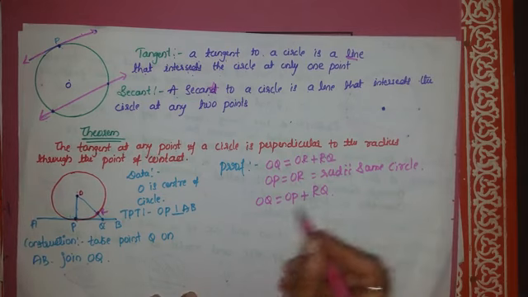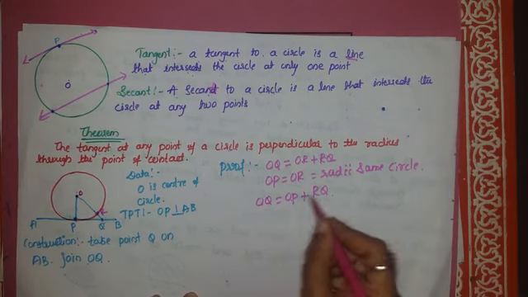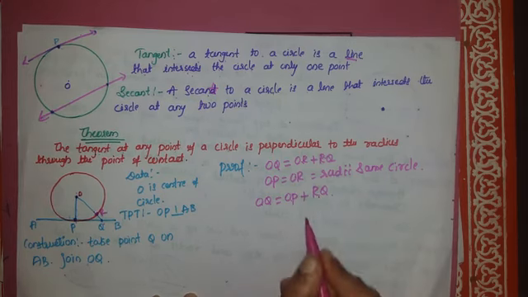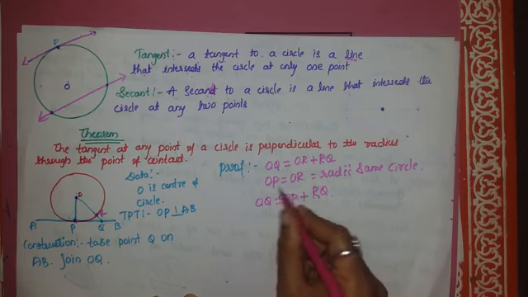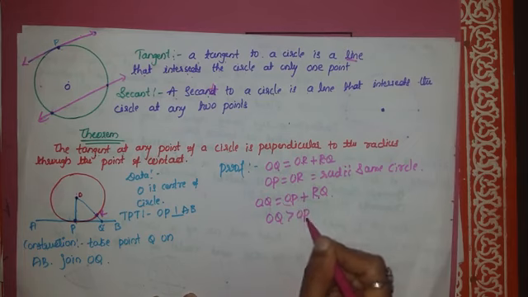So we get OQ by adding OP to RQ. Here it is generally known that OP is smaller than OQ, or OQ is greater than OP.